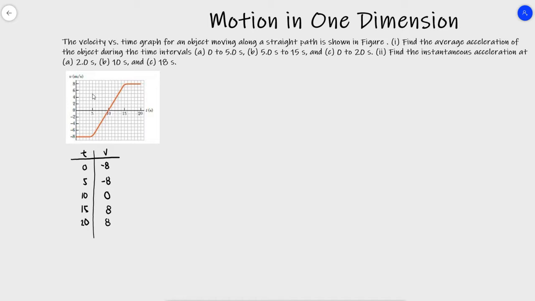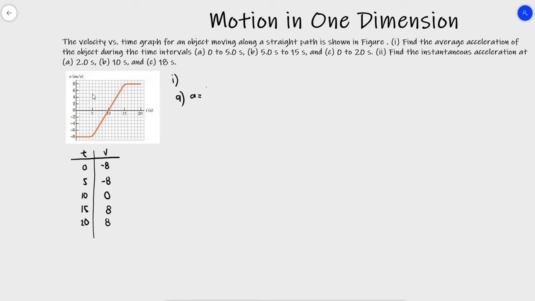Okay, 20. Now for the first question, we are looking for the average acceleration, and the acceleration is the change in the velocity with respect to the change in time.